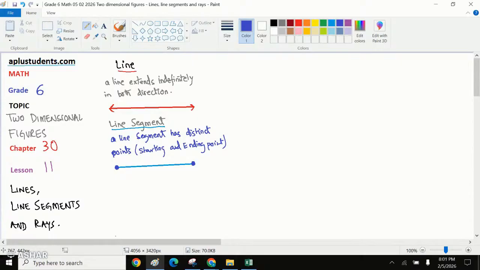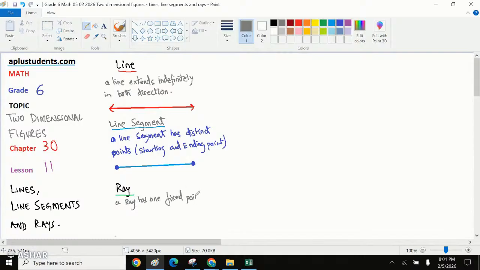Okay, let's look at what is a ray. When we are considering rays, a ray has one fixed point.